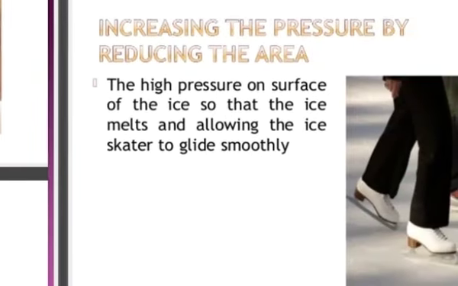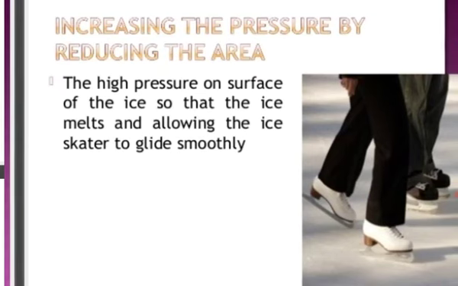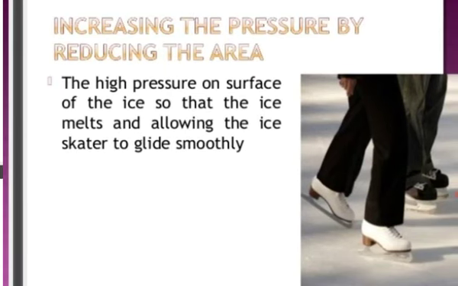Second example of pressure, increasing the pressure by reducing the area. Here is another example: you can see the high pressure on the surface of the ice so that the ice melts and allows the ice skater to glide smoothly.